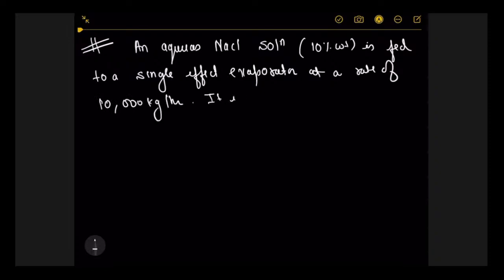It is concentrated to 20% by weight of the solution.